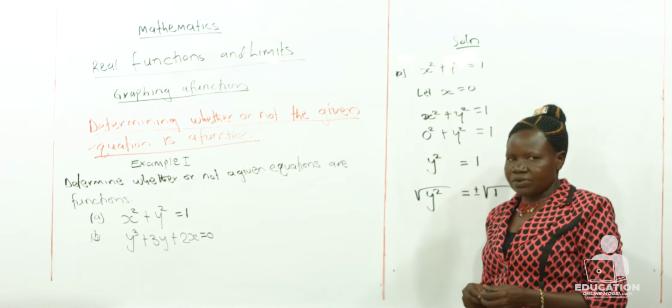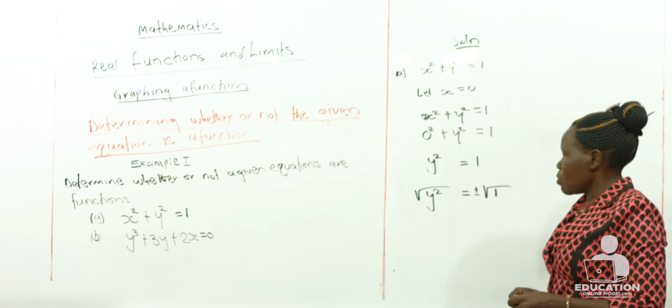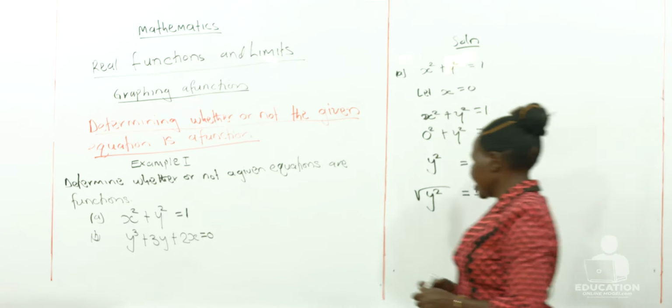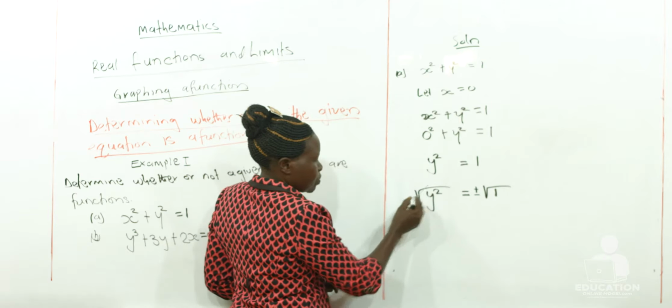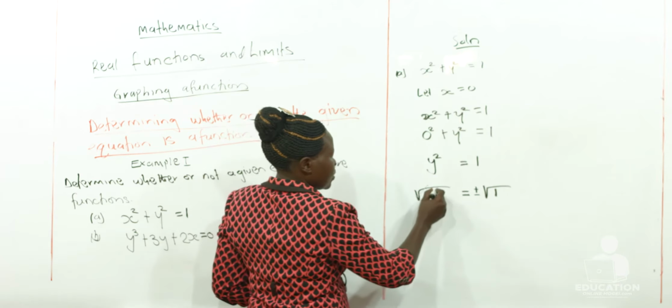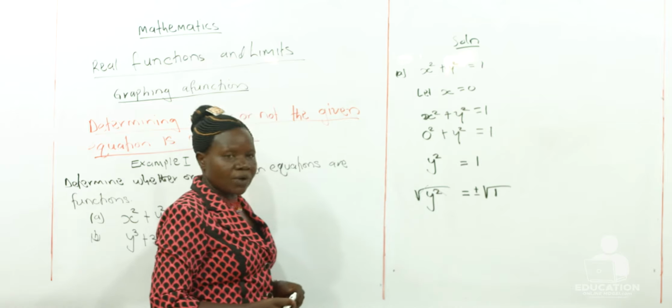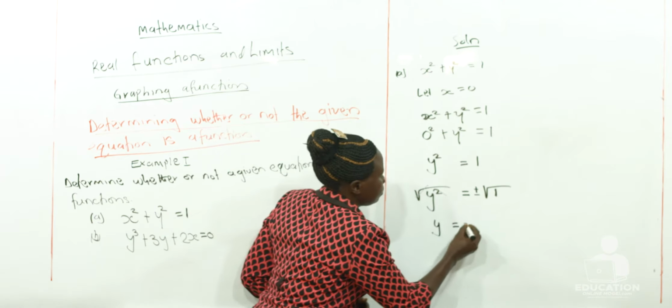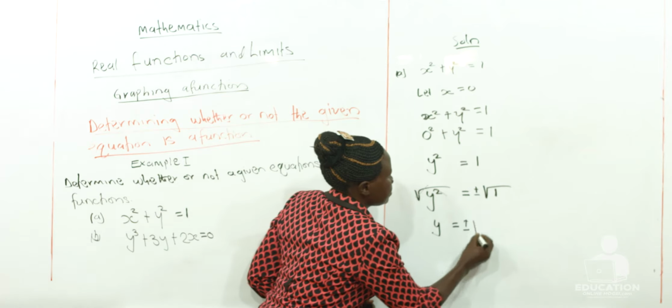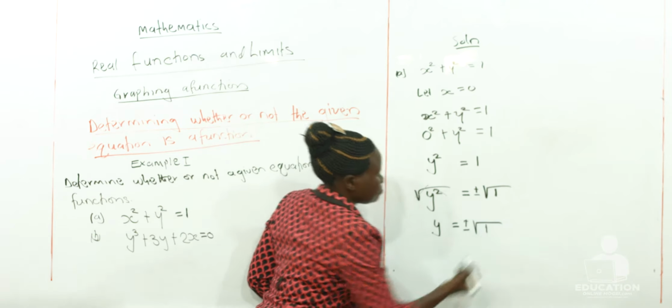So one of the roots may be positive or one of the roots may be negative. The square root symbol here will cancel with our power 2, and then you remain with y equals plus or minus the root of 1.